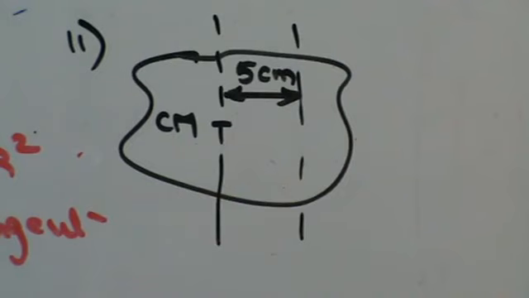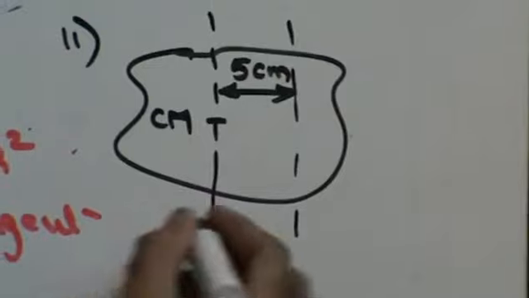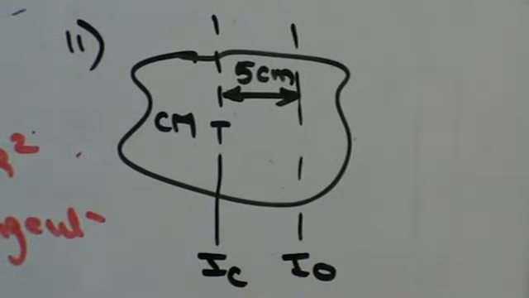Right? Let's assume this axis to be say IC and this axis to be IO.